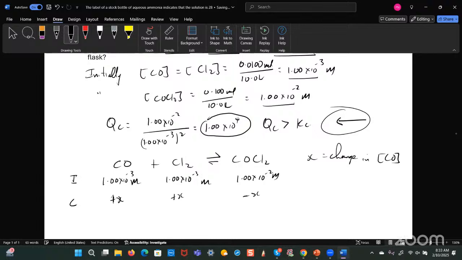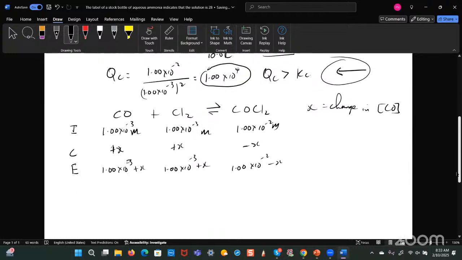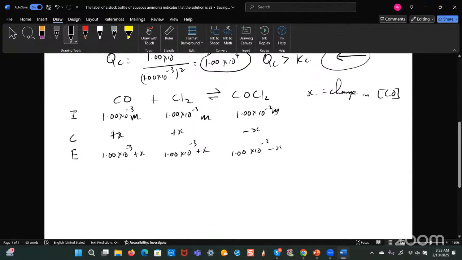All right? So that at the end of the reaction, you're going to have 1.00 times 10 to the minus 3 plus X here, 1.00 times 10 to the minus 3 plus X here, and here you're going to have 1.00 times 10 to the minus 2 minus X. All right? So all we have to do now is plug these into the Kc expression because these are all equilibrium values. So Kc, and by the way, what is Kc equal to?